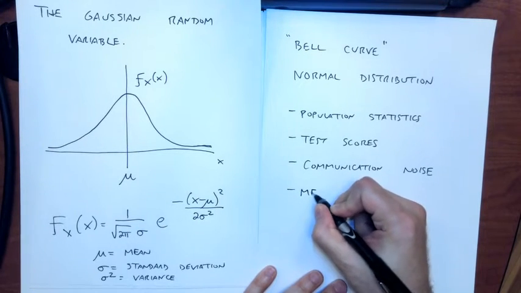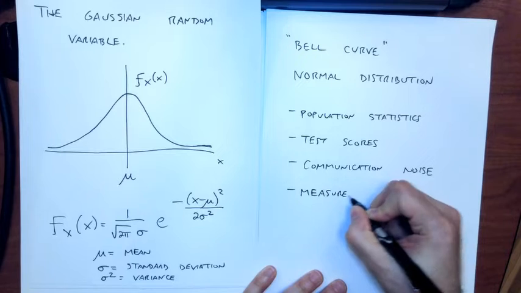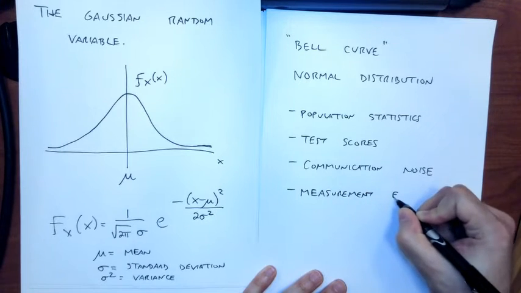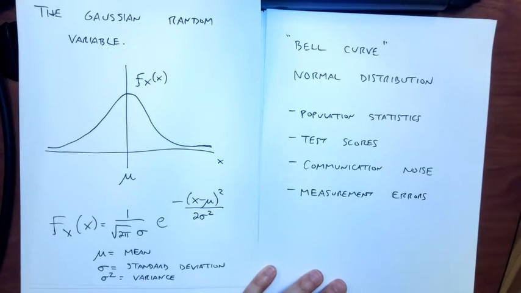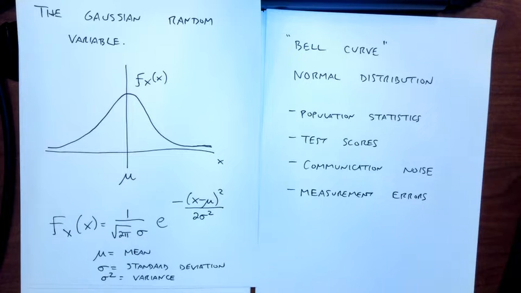Measurement errors also are typically Gaussian, right? Meaning that if I had a physical sensor measuring some value, and even though the value was constant, I would plot what the sensor reads, and it would go up and down around that middle value. But the model of the noise is usually Gaussian, okay?